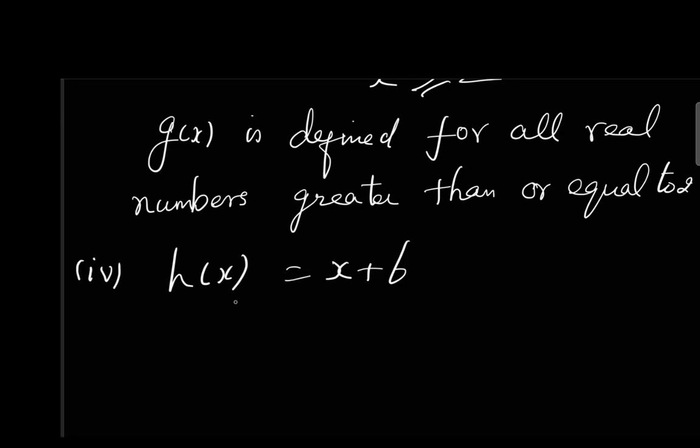See the fourth sum. h(x) is x + 6. See, there are no denominator terms, so you can substitute any value for x. Correspondingly you will get a value; it may be a positive value or a negative value. So this function is defined for all values of x.